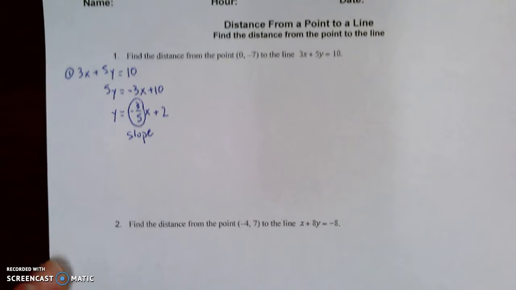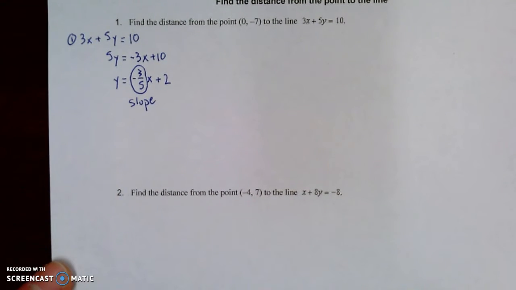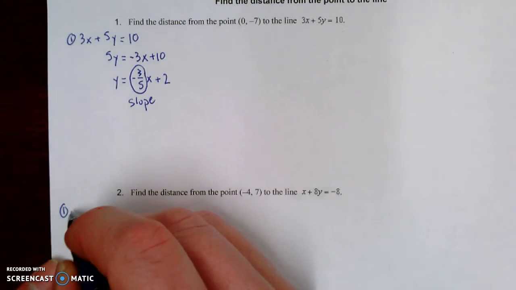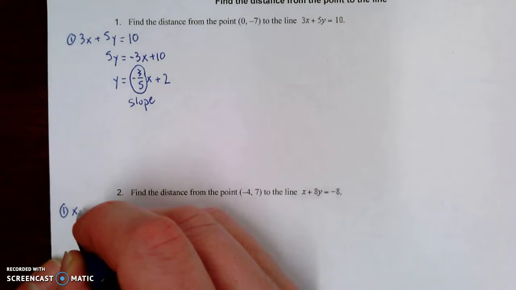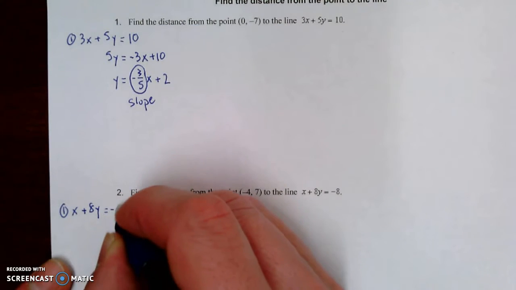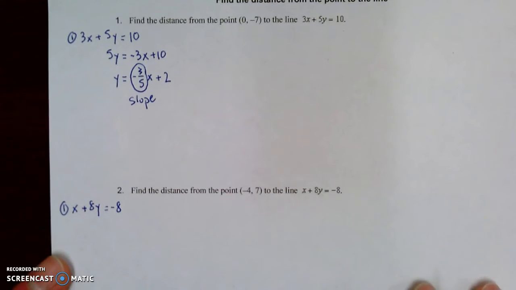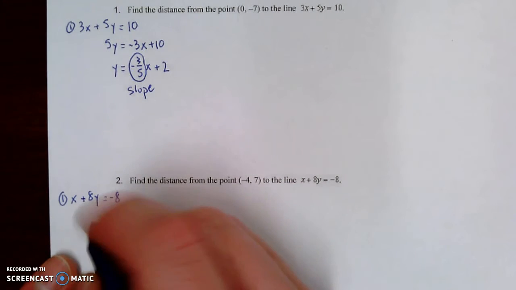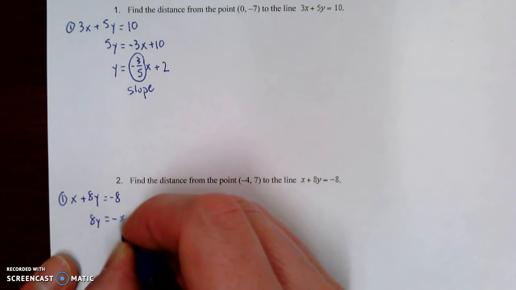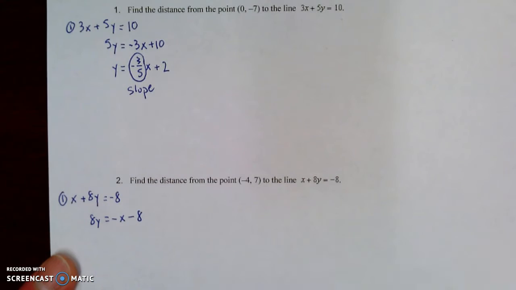Okay, so I hope you tried this one out on your own, and I hope that this is the answer you got. My original equation, x plus 8y equals negative 8. I want to get the y by itself, so I'm going to get rid of this x, subtract x from both sides, 8y equals negative x minus 8.